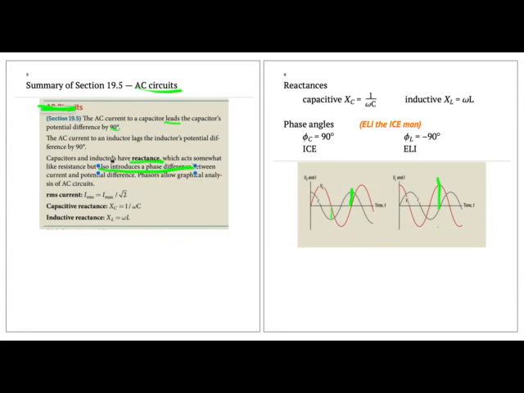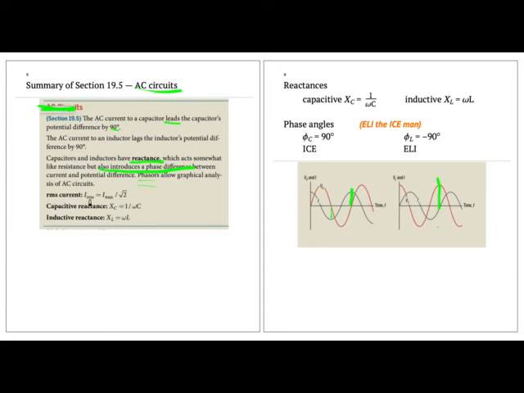The reactance is a kind of resistance of AC circuits. There's a discussion of phasors as a method of analyzing current and voltage in an AC circuit.